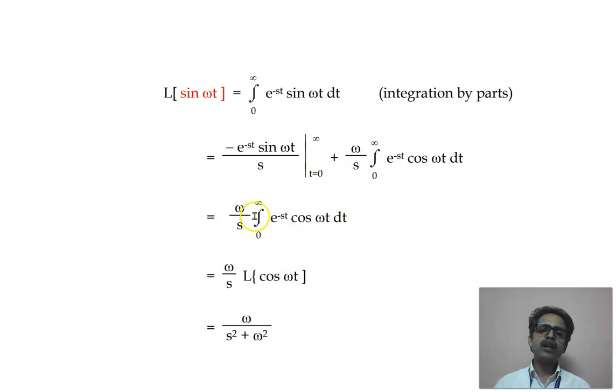But you can see here this integral is nothing but the Laplace of cos omega t, and just a few minutes back we obtained the Laplace transform of cos omega t. So when you put that value, s upon s square plus omega square, you can see s will get cancelled and you'll find omega upon s square plus omega square.